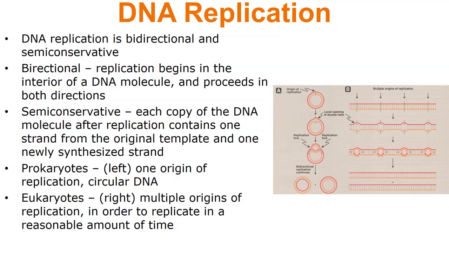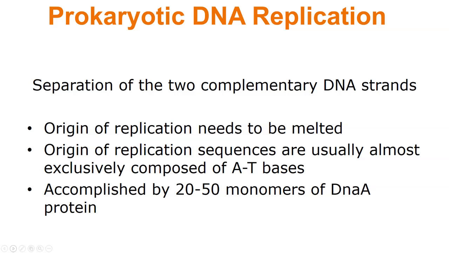In eukaryotes, 98% of the DNA is junk. It actually does have a function, and we're learning more and more about some of these functions, but it's not encoding proteins. So that means the chromosomes are absolutely enormous. In order to replicate it in a reasonable amount of time, we actually have to have multiple origins of replication.